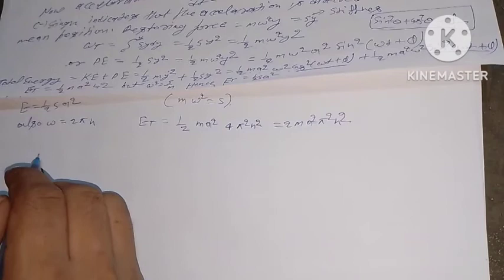Thus the energy of the harmonic oscillator is constant and proportional to the square of the amplitude.